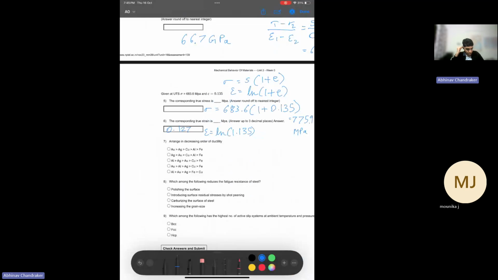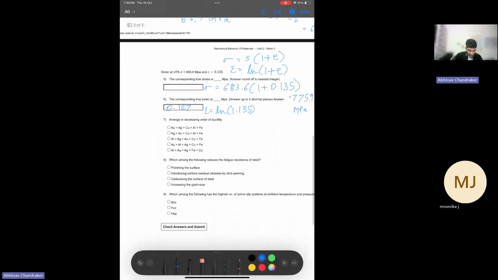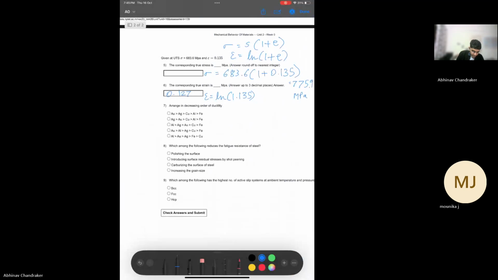The true strain is less than the engineering strain, which is understandable, and true stress is more than the engineering stress. Okay.